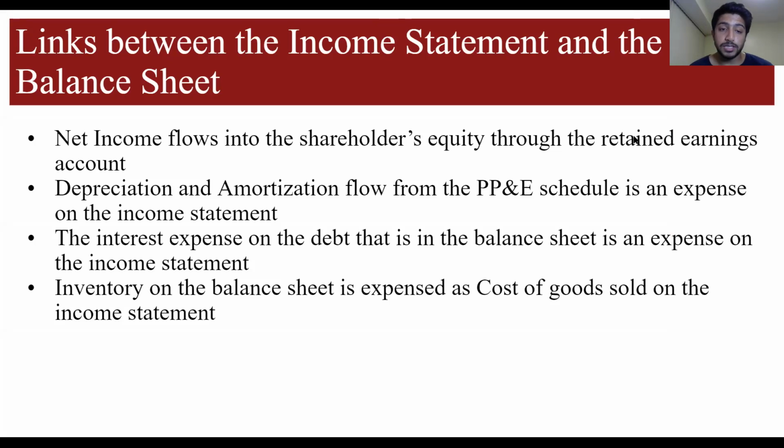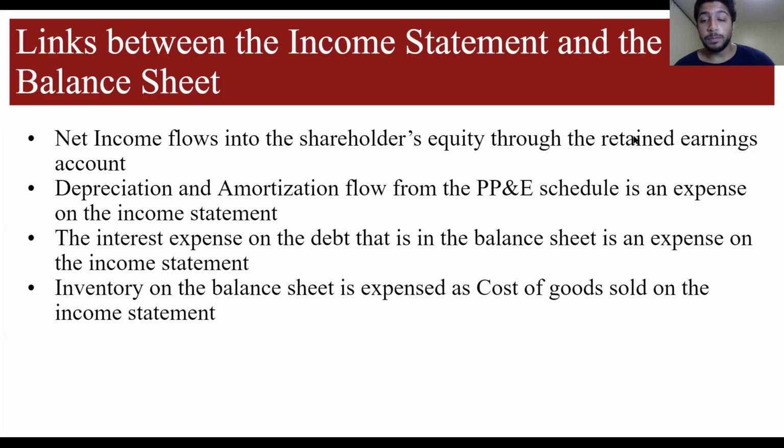Depreciation and amortization result again from accrual accounting, because if we buy a factory or a machine, for example, that will last us for more than a year, we have to expense that over the life of that asset. So if a machine cost us $100 and it'll last us for 5 years, we'll depreciate $20 every year, assuming we're using straight line depreciation.